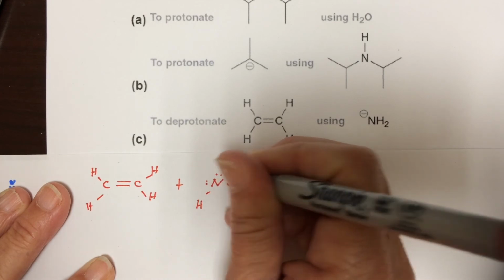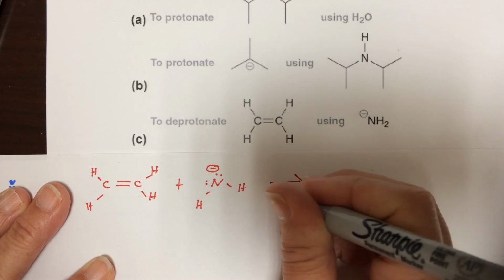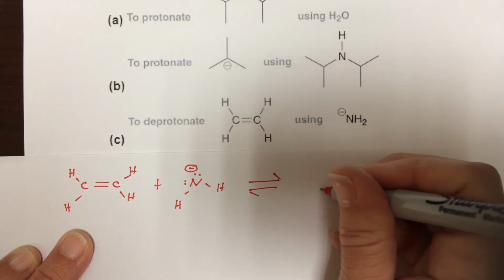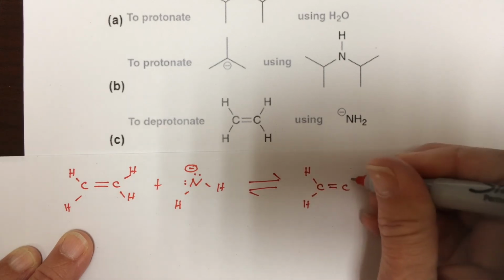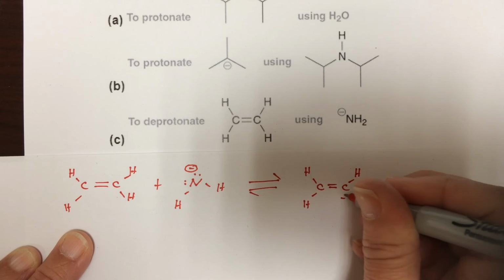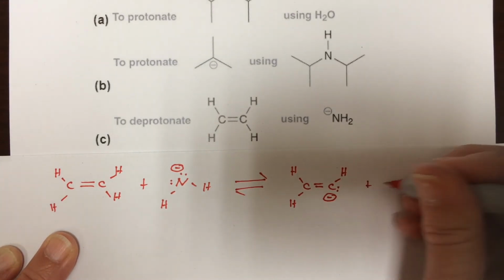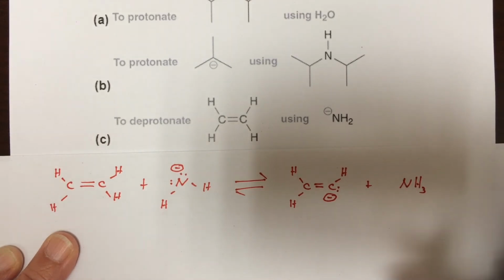Some extra electrons on here and a negative charge. We're going to deprotonate this, so we'll have carbon, hydrogen, hydrogen, double bonded to a carbon with one hydrogen. We've got a negative charge here and some extra electrons. And then we've got just plain old ammonia here and no charges.